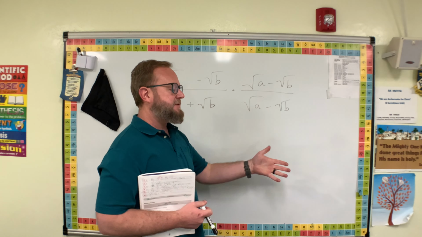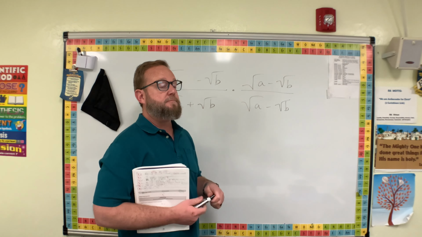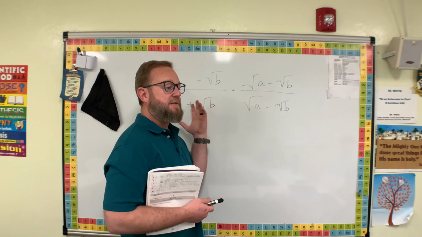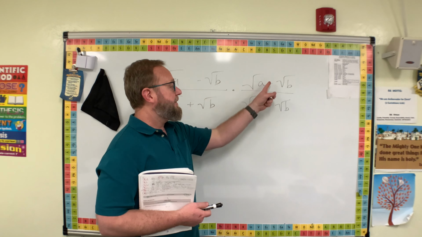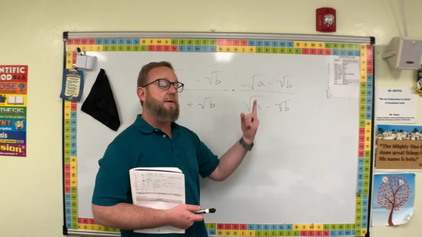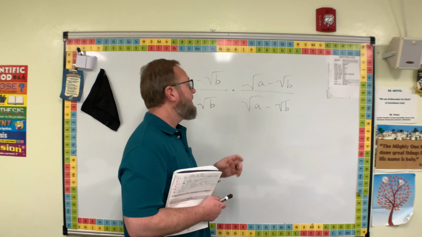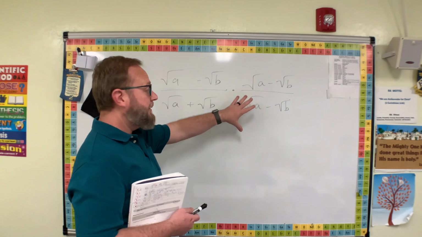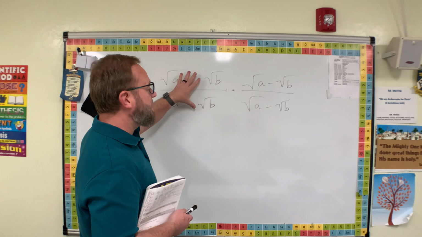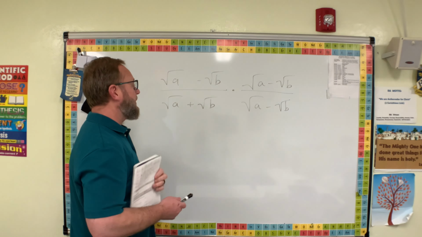How can I multiply something by something else without changing it? It's like, I can't change this, it'll change the problem. But this is just equal to what? Itself. 1. So I can multiply anything times 1 because it doesn't change it. So I'm allowed to do this step without changing my original fraction, at least what it's equal or equivalent to.